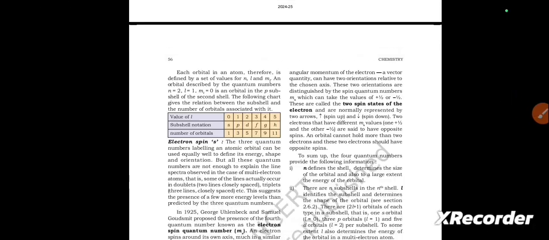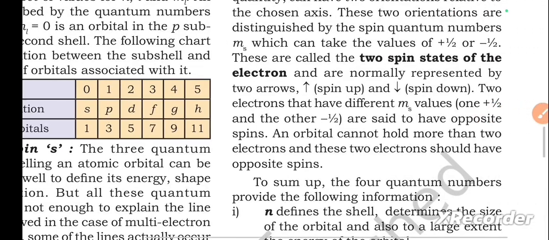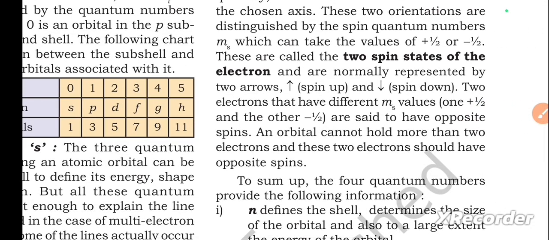Spin angular momentum of the electron, a vector quantity, can have two orientations relative to the chosen axis. These two orientations are distinguished by the spin quantum number ms, which can take the values of plus 1/2 or minus 1/2.